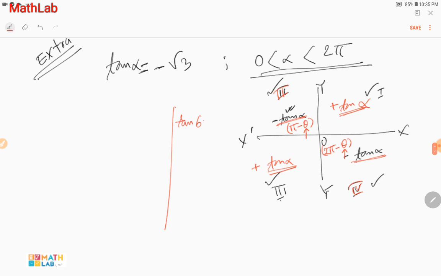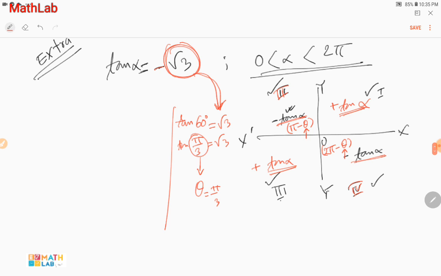Tan 60 degrees: take only the positive value from this question. Here tan alpha equals minus root 3. First we only take the positive value, then tan 60 degrees equals root 3. We know the radian angle of 60 degrees is pi by 3, so tan pi by 3 equals root 3. Then this pi by 3 is our theta.